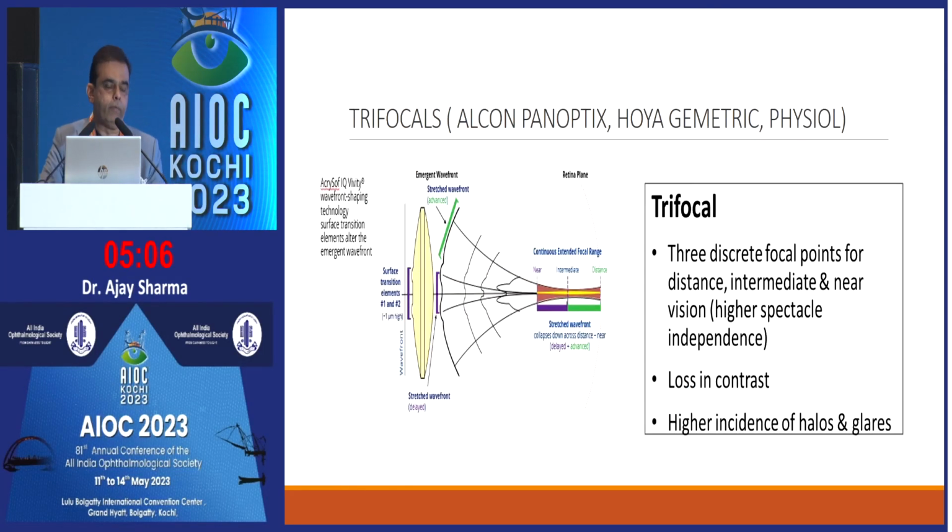This is a trifocal lens where you have 3 discrete focal points for distance, intermediate and near, and they give a higher spectacle independence, mainly used for people who want to be very active and want to have near vision also, because if you are reading more, like most of us in offices doing work, you need these types of lenses here.